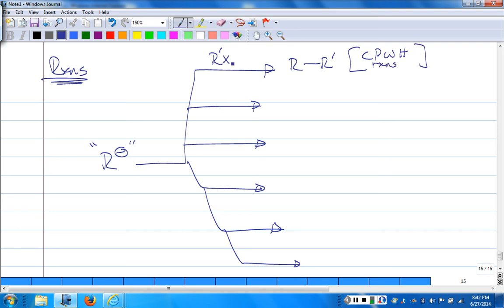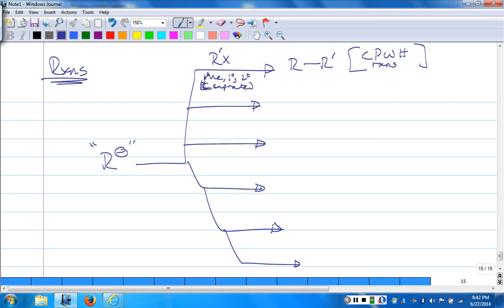This R prime X would have to be methyl, primary or secondary. And the R would have to be a cuprate. So we couldn't do it if it were not a cuprate.